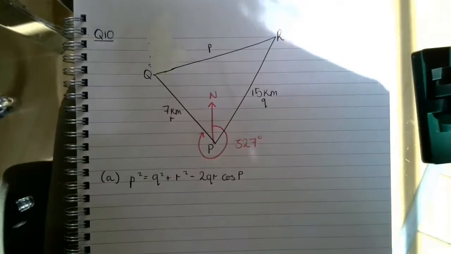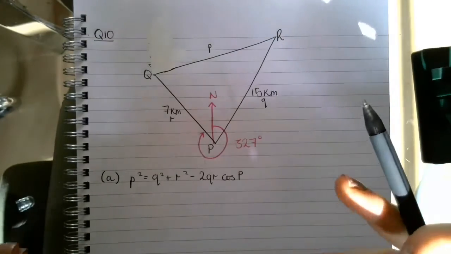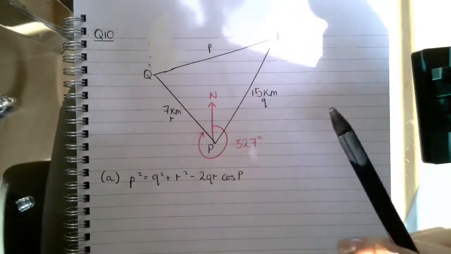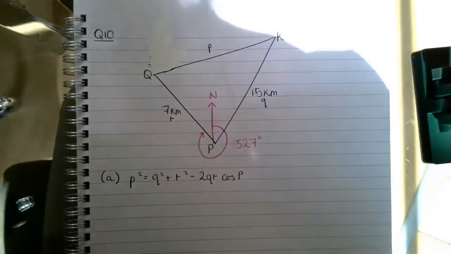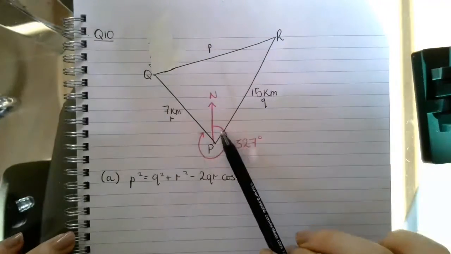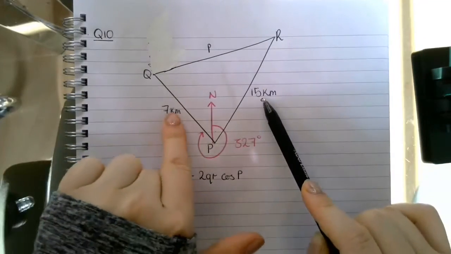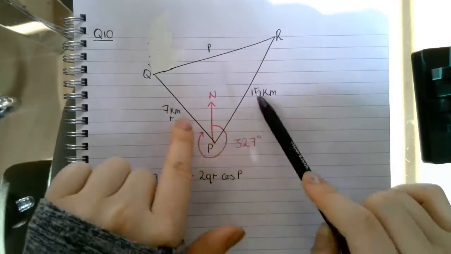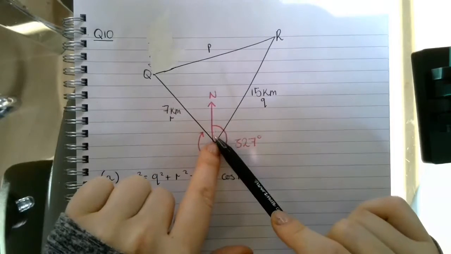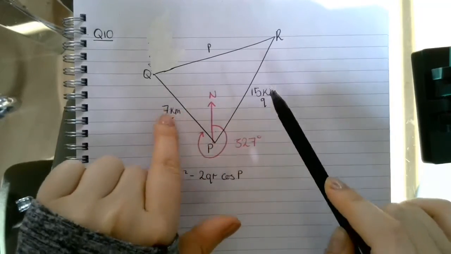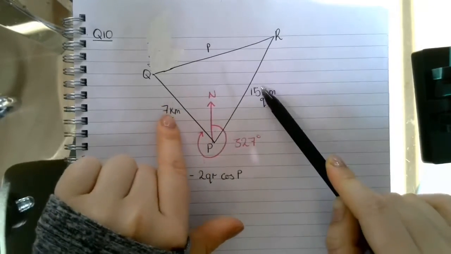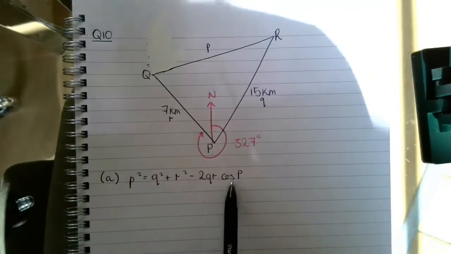Okay, we're going to be looking at trig here because we're looking at angles in triangles. And for this question, we can work out this angle here, and we've got the two sides adjacent to that angle. So we've got two sides and the angle in between them, so we can use the cos rule.